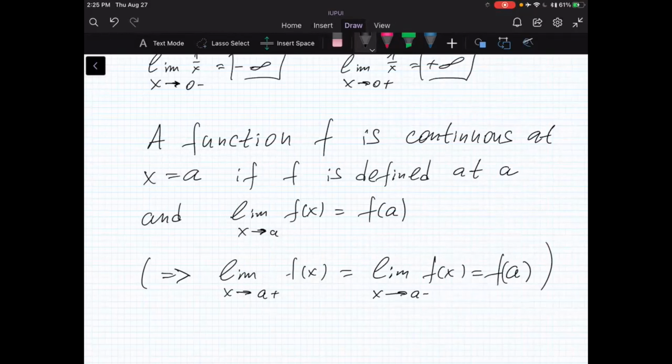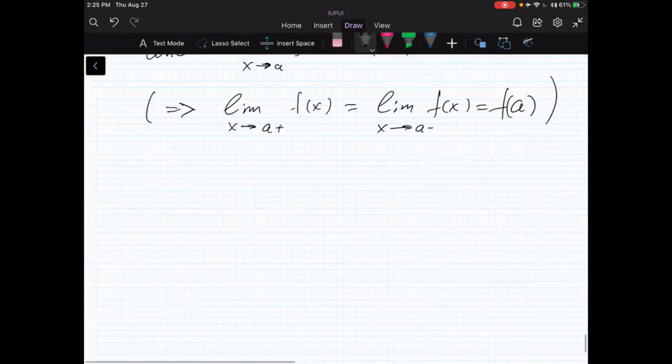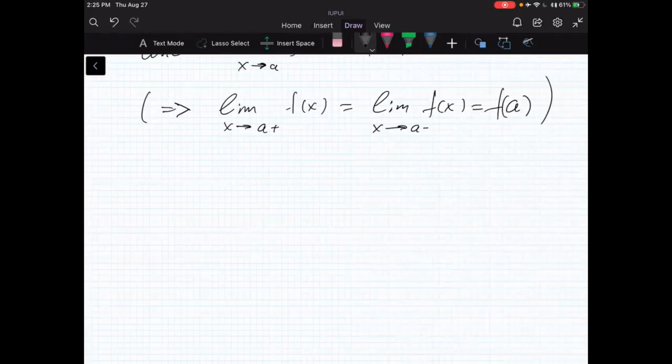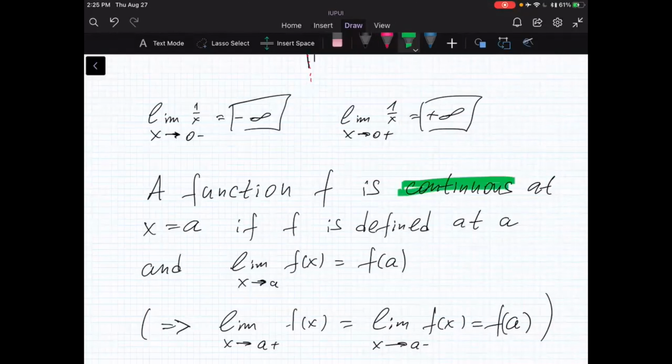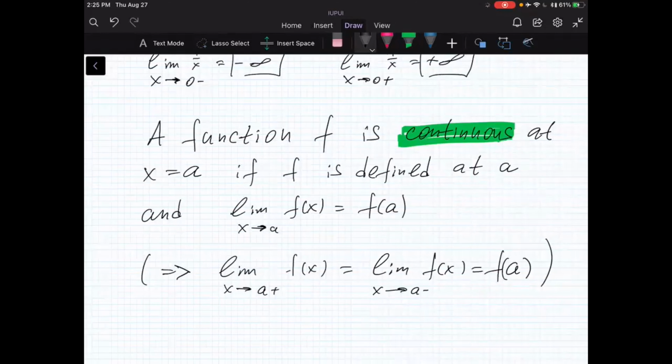And again, as I said, basically all functions that you will see are continuous, except at some specific points. Yeah, I forgot to mention: we define the continuity at some point.